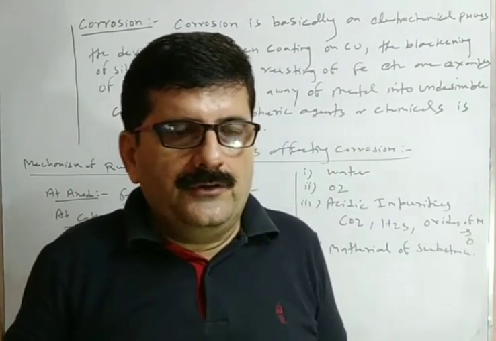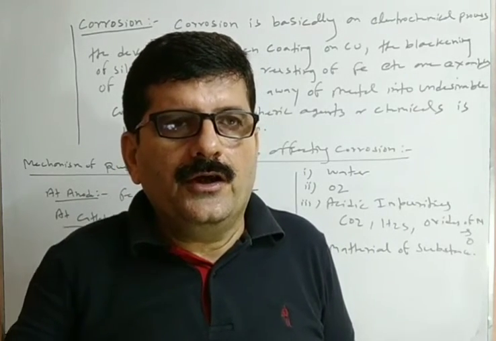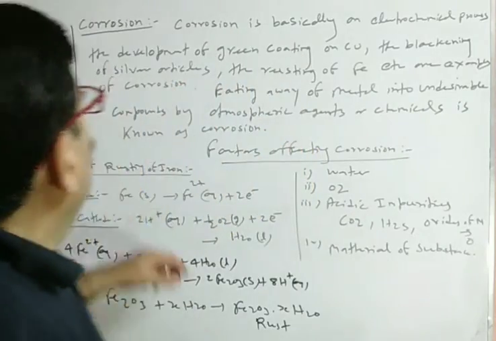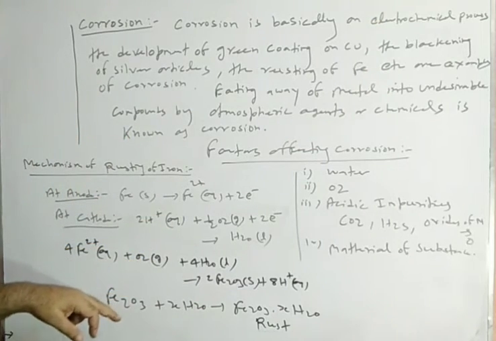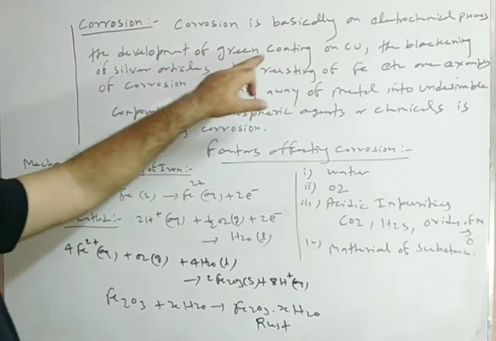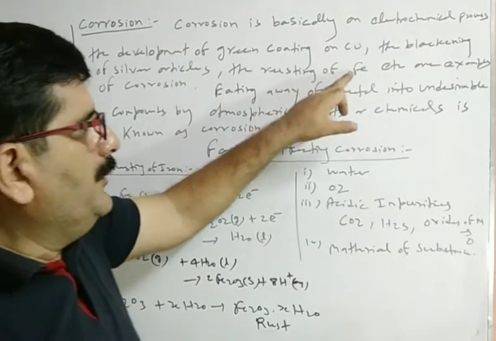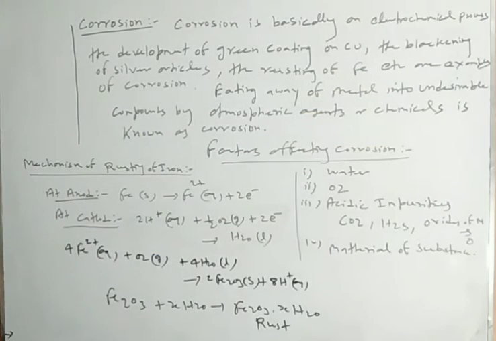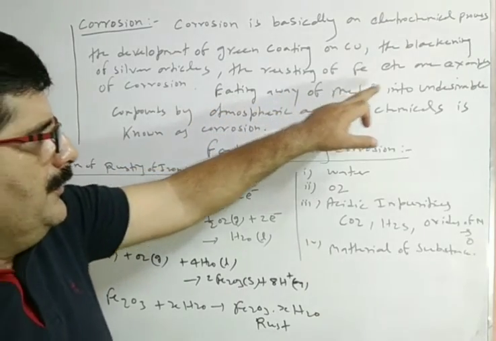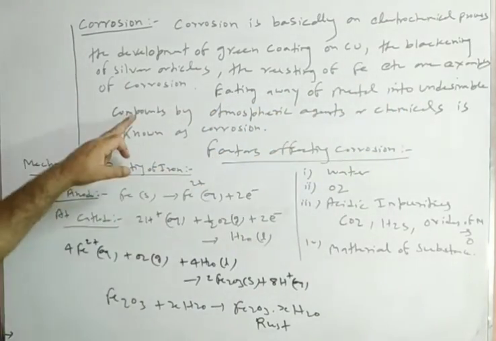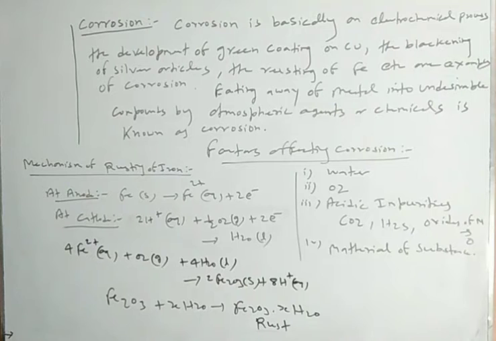The most important rusting is Fe2O3. In a nutshell, we can say the eating away of metal into undesirable compounds by atmospheric agents or chemicals is known as what? Corrosion.